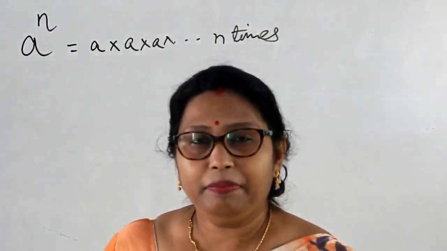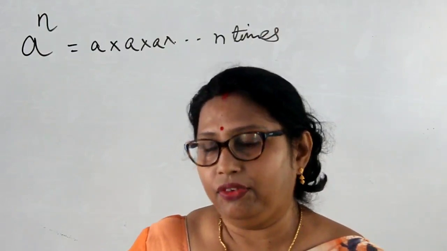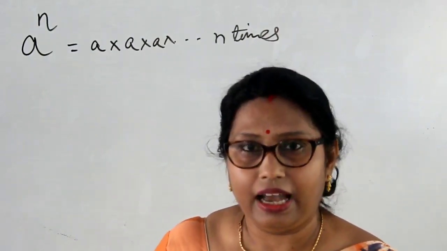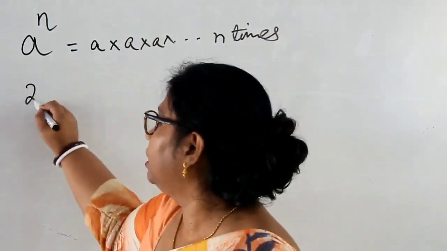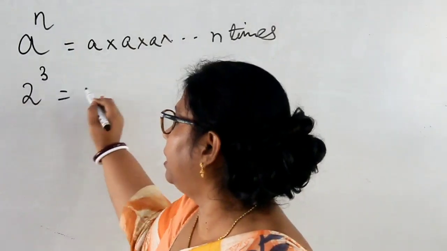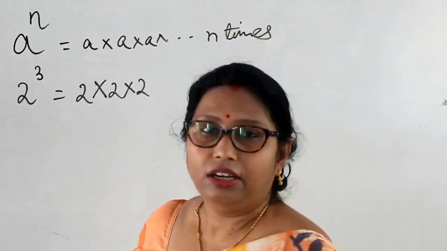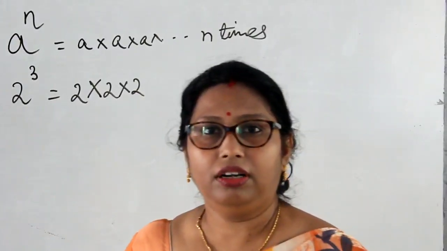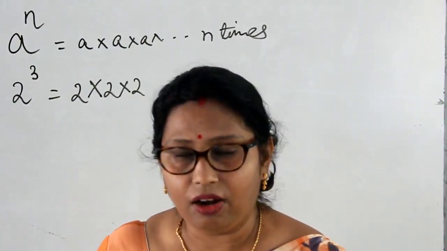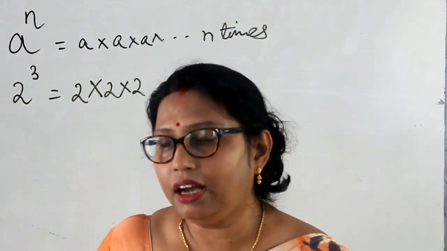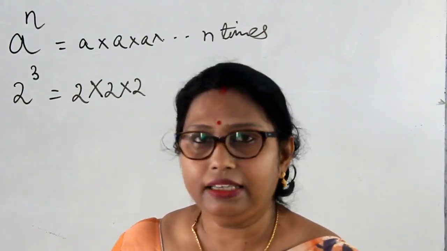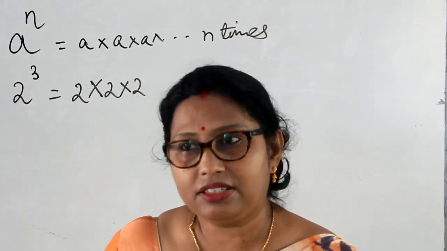So if we take another example, 2 to the power 3, that means 2 is multiplied with itself 3 times.